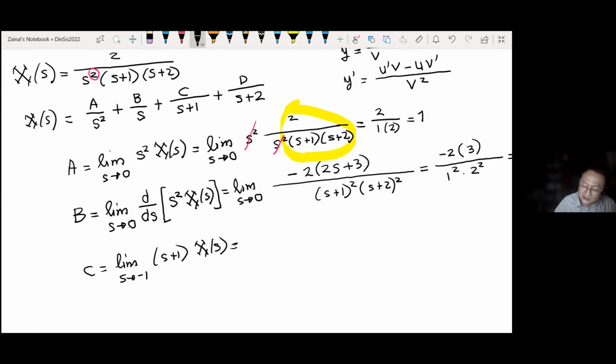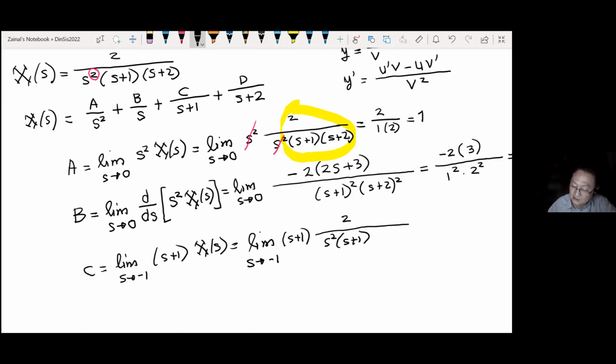So this is the limit as S approaches minus 1 of (S plus 1) multiplied by 2 over S squared (S plus 1)(S plus 2).